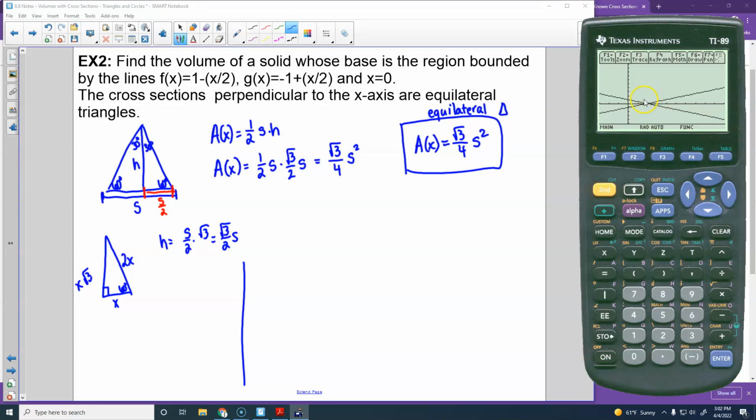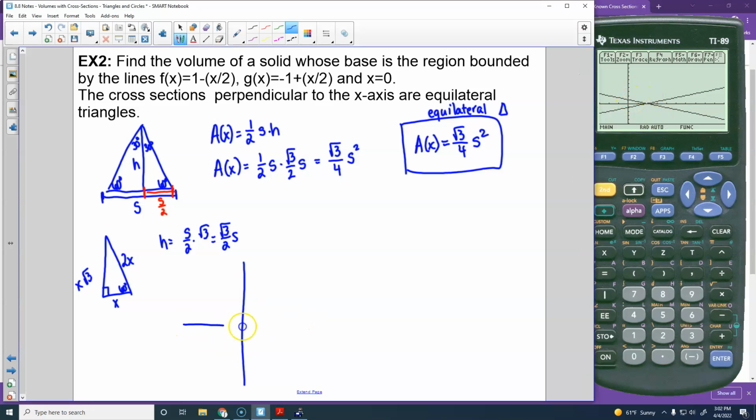So we are looking at, I'm going to sketch it really quickly here. What we're looking at is we've got this line right here, this line right here, and then the y-axis.